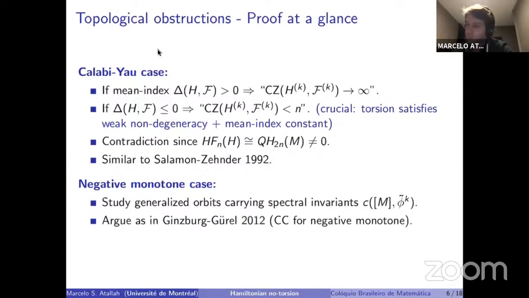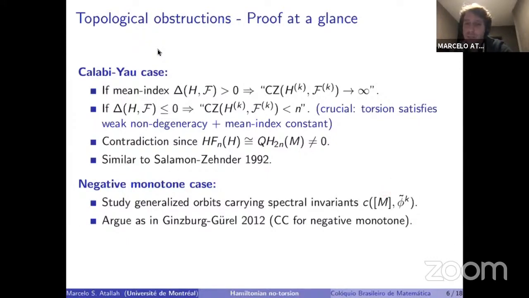For the negative monotone case, the proof is a little bit more complicated, but I'll just say a few words. There, we can find a generalized fixed point and a particular sequence of iterations that carries a fundamental class.